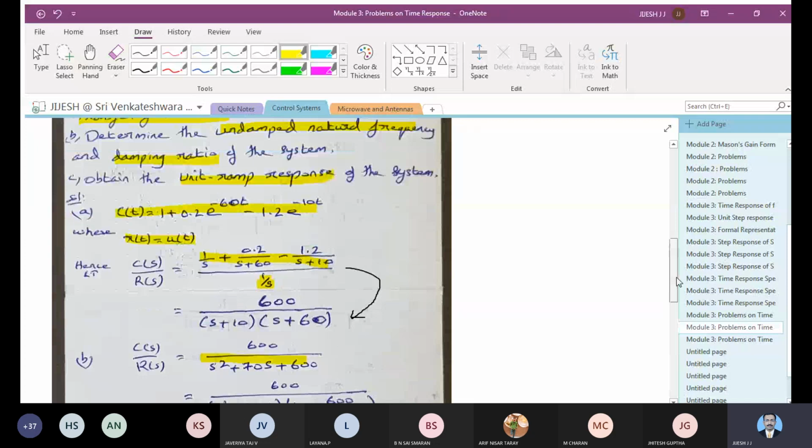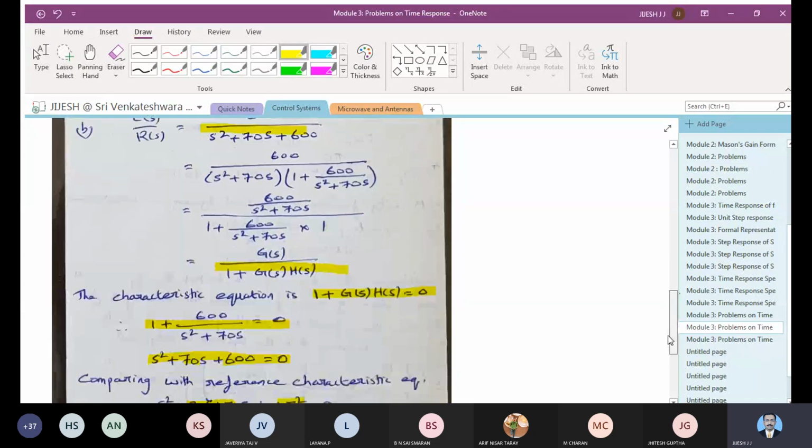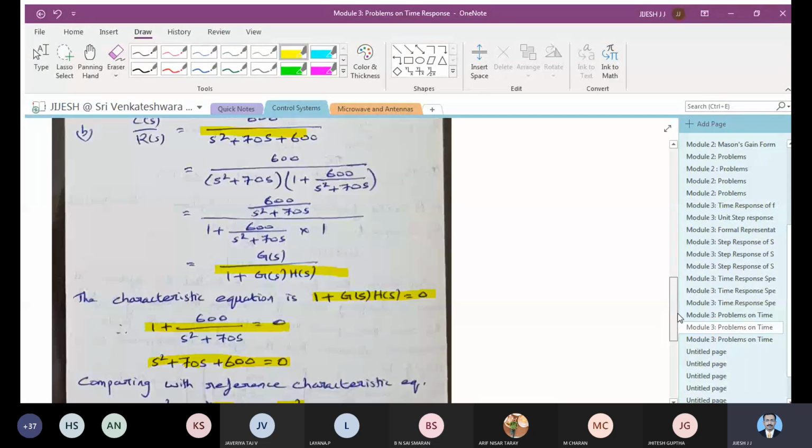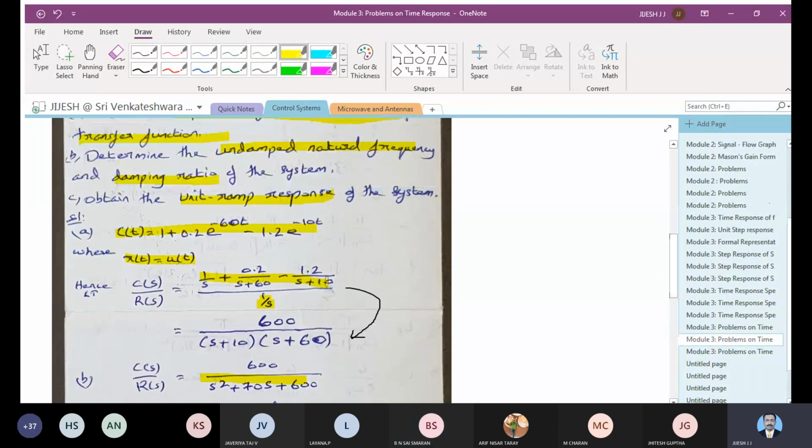I want to ask you, why have you taken 1 by s square as R of s? Read the question. Ramp function, sir. Since it is a ramp function, we have taken it as 1 by s square. Here in the question it is told, obtain the unit ramp response of the system.